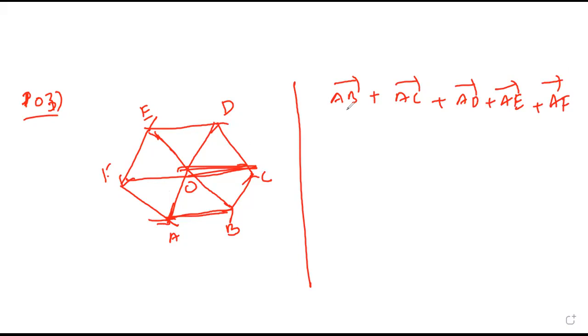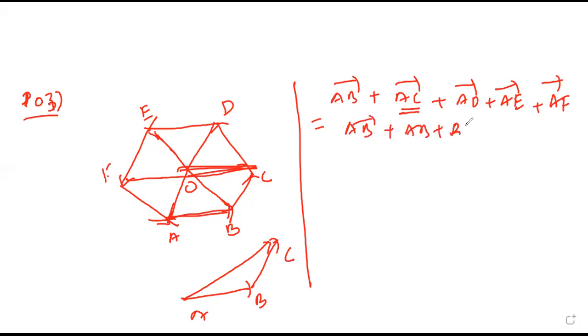Now you just have to adjust and think with your mind. AB plus BC, can I say AC? Yes, by triangle law. So in place of this AC, can I write AB plus BC? I've just used triangle law, nothing else. A to D is nothing but AO, no?